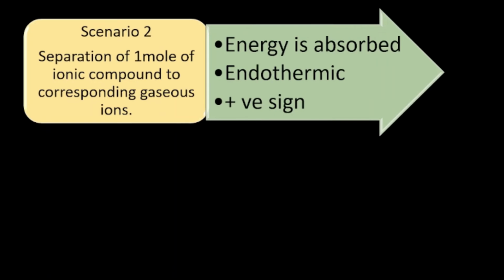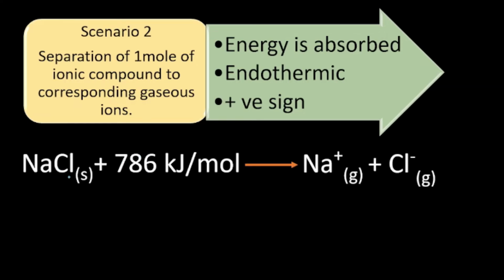The second scenario is the separation of 1 mole of ionic compound to corresponding gaseous ions. Let me take the same compound, that is sodium chloride crystal. If you want to separate sodium chloride crystal to its corresponding gaseous ions, that is Na plus and Cl minus ions, some amount of energy should be given. That is 786 kilojoule per mole of energy should be given to this reaction.